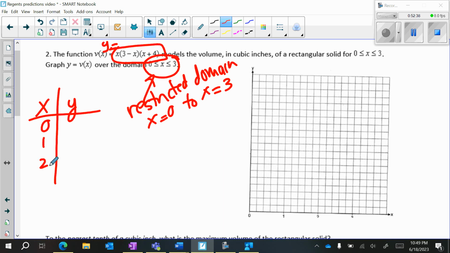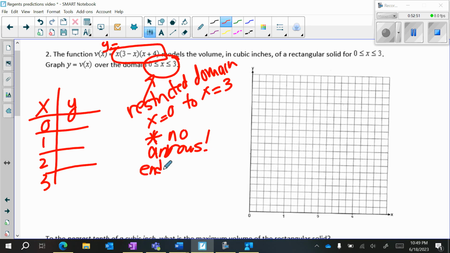Then you're just gonna copy down 0, 1, 2, and 3 for the x values, and you're gonna just write down those values, and then you are not going to put arrows on your graph. Very important. You're just gonna put endpoints, okay? And then when you do your graph, you're gonna make sure that you make it smooth.